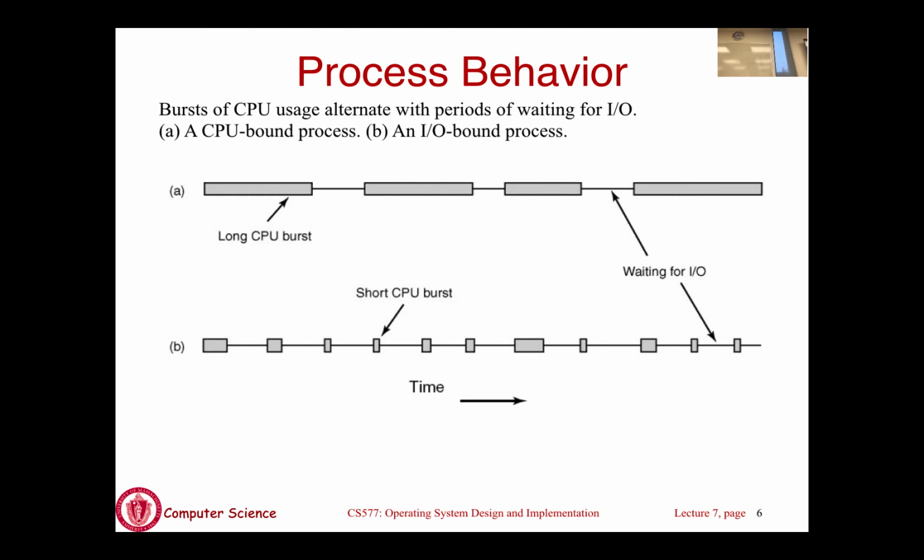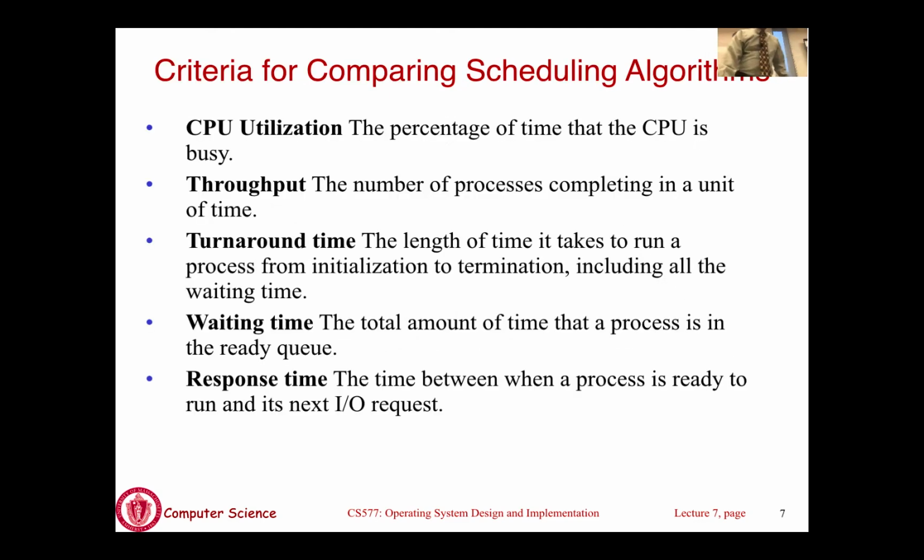All right. So, now let us talk a little bit about goals for scheduling. What are we trying to achieve by scheduling processes? You can define various metrics and say the goal of the CPU scheduler is to optimize, which could mean maximize or minimize depending on the metric, one or more of those metrics. There are several listed here. CPU utilization is the percentage of the time the CPU is busy.